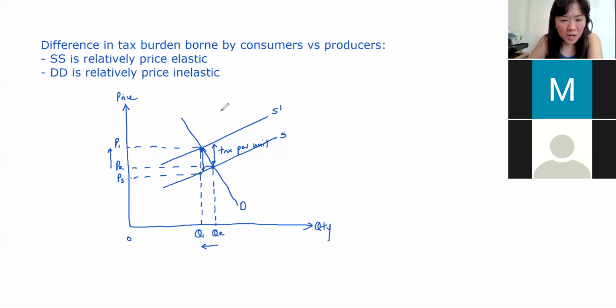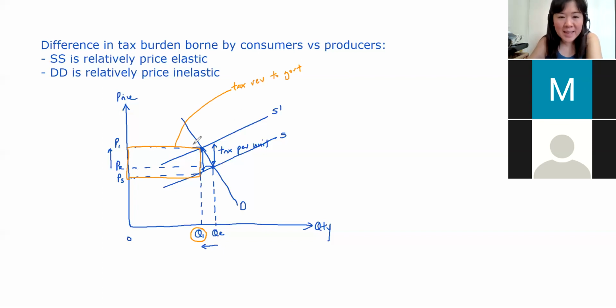Now, looking at the amount of tax revenue to the government, same thing: tax per unit, which is the divergence between S and S1. And because Q1 is the quantity transacted now, based on Q1 quantity transacted and the tax per unit, as given by the divergence between S and S1, this rectangle here gives us the tax revenue to the government. This is the same as what we did earlier on.